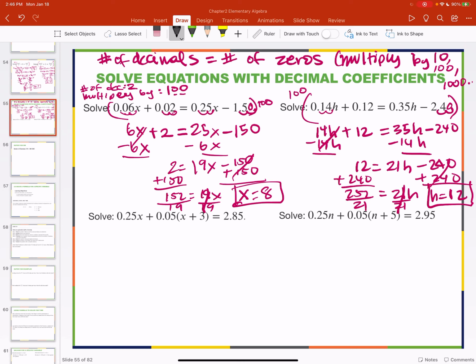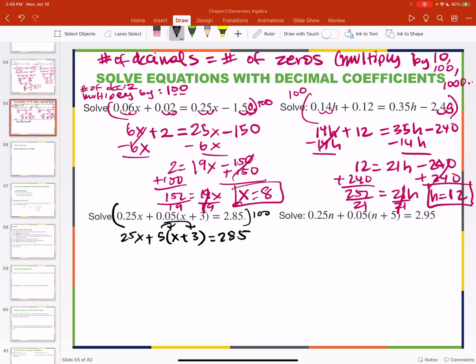Okay, so first thing, let's go ahead and distribute this. But then you could also just go ahead and multiply by 100, because that will change this 0.05 to 5. So if I multiply everything by 100, that's going to be 25x plus 5 times the quantity x plus 3 is equal to 285.